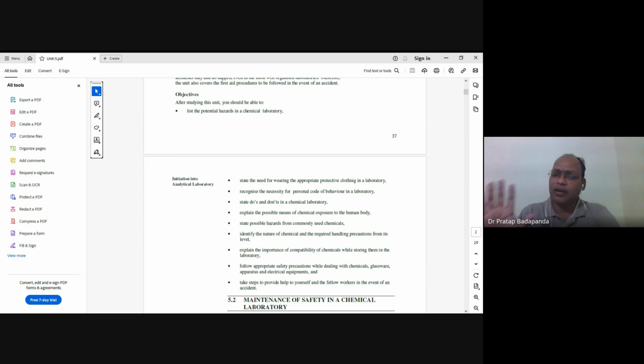A glass bottle is no problem, but not one where light passes through. That's why hydrogen peroxide is stored in a dark bottle, where light will not pass. If light passes, it will break down and convert into water and oxygen.